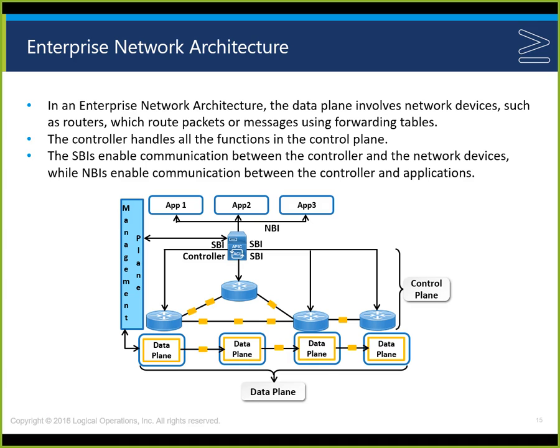The controller handles the functions of the control plane, and the SBIs enable communication between the controller and the network devices, while NBIs enable communication between the controller and the application. So we have the whole process broken down into multiple planes, and we're controlling it off of the network.